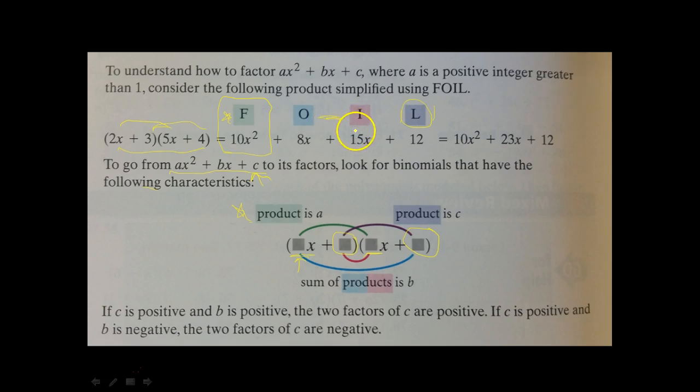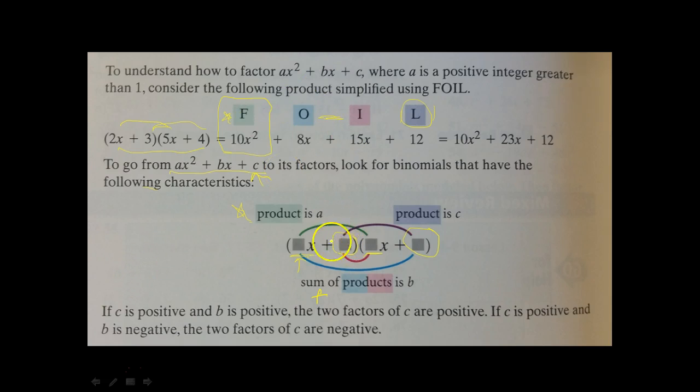Your outer and inner, which you can see here is in blue and pink, is going to be the sum. So it means you're going to add these two numbers, or whatever you get when you do the first and outer, together. And that is going to give you your x's. Okay? Now, to know which sign, so that was a lot of information. We're going to go through some examples, but don't be afraid to rewatch that.